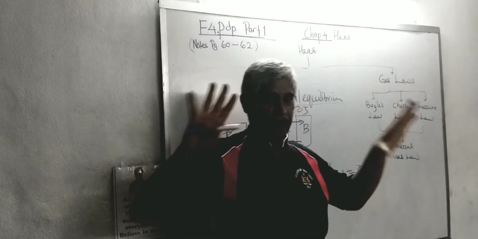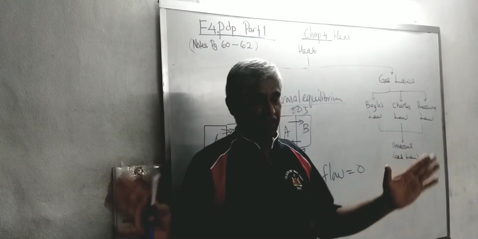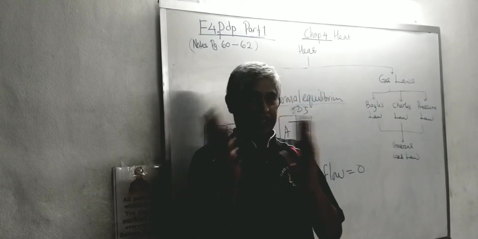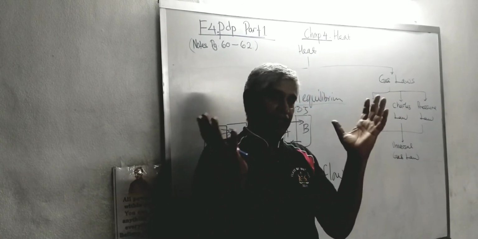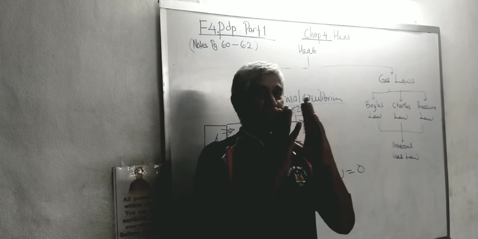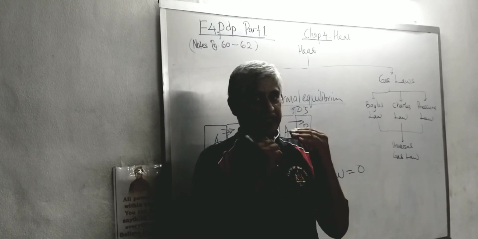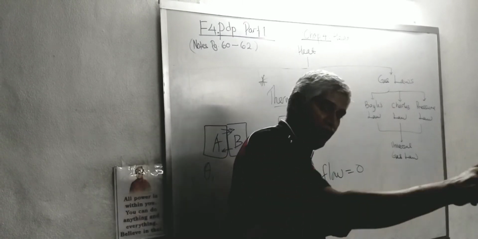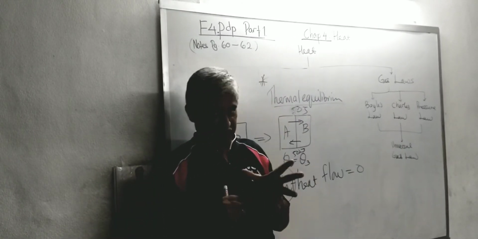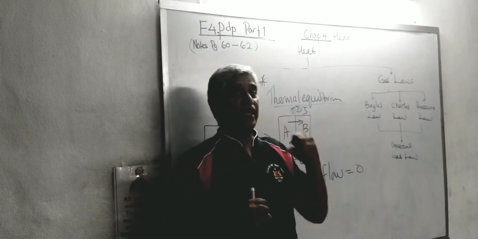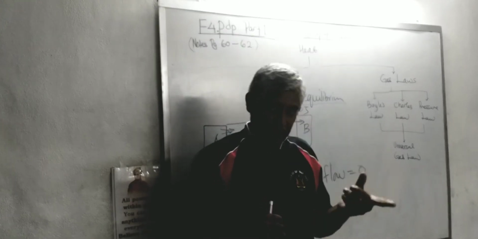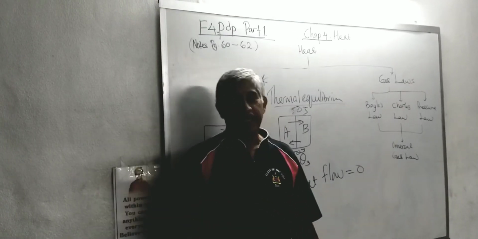So when there are two different objects with two different temperatures, when you put them in thermal contact, heat starts to flow. After heat starts to flow, after some time it will reach thermal equilibrium, a state whereby the amount of energy given out and the amount of energy received become the same. So we say the objects have reached thermal equilibrium. In other words, both have the same temperature.